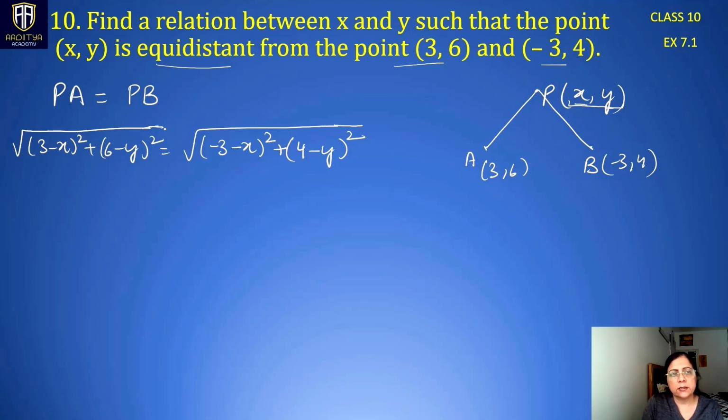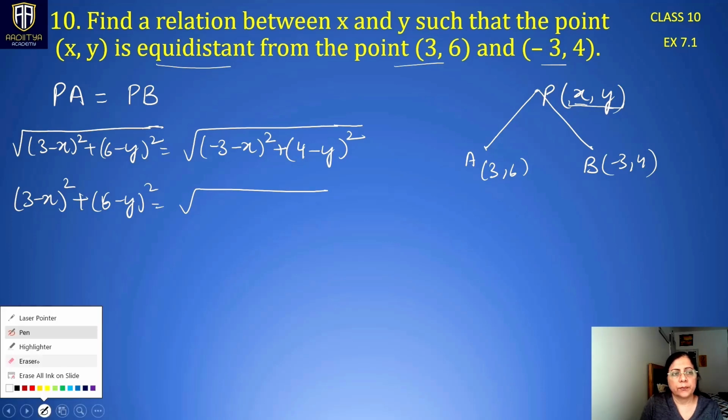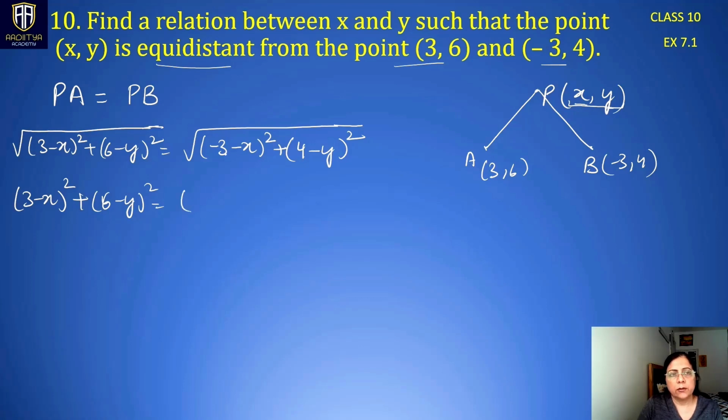Now the whole LHS and RHS are under the roots, so we can remove them from both the sides. So we get these brackets outside these roots. Now here also, when both the coordinates are negative, you can simplify this: negative 3 minus x whole square. How is this equivalent to 3 plus x whole square, I am explaining to you.